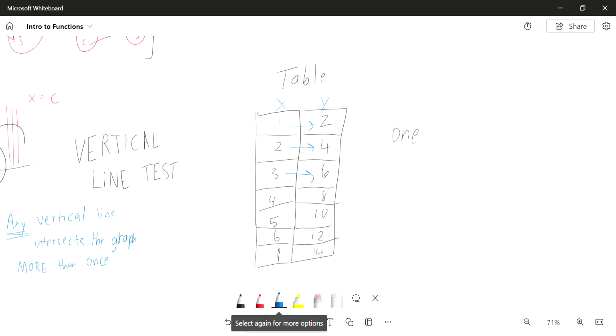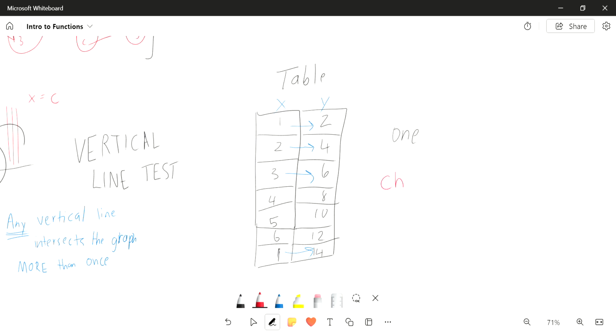So it's almost like 1 goes to 2 and 1 also goes to 14. So that means it's not a function. So the moment you see two of the same number in the x column, check the y value immediately. If they're different, it's not a function.